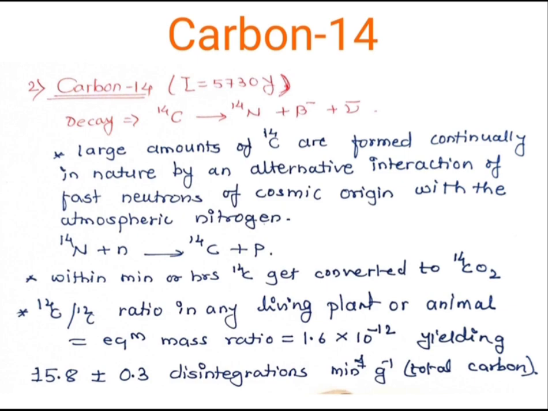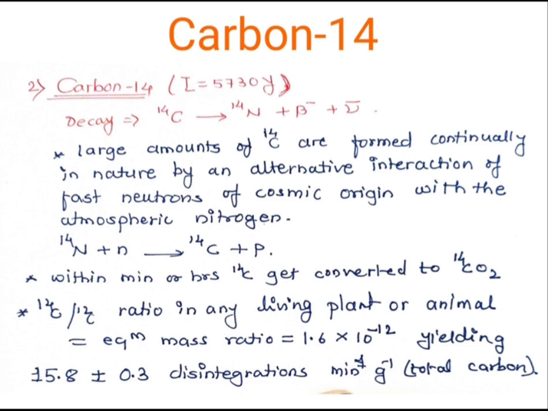So the carbon 14 divided by carbon 12 ratio in any living plant or animal is an equilibrium mass ratio, which is equal to 1.6 into 10 raised to minus 12, yielding 15.8 plus minus 0.3 disintegrations per minute per gram.